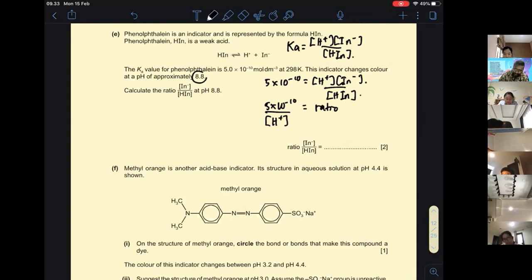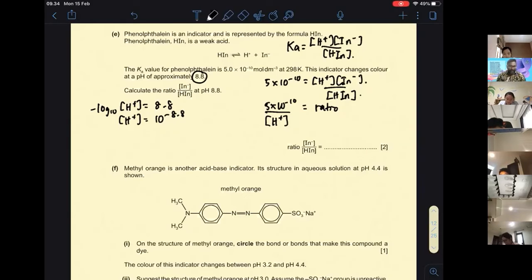So how do I find the concentration of H plus? The pH is given. We know the formula: negative log 10 of the concentration of H plus is going to be 8.8. That's the formula for pH. So if I want the concentration of H plus, I need to find 10 to the power of negative 8.8. This is quite simple, but make sure you use your calculator properly.